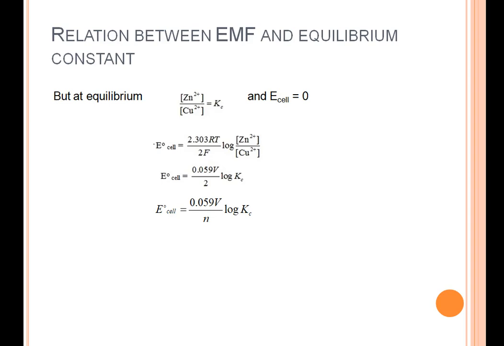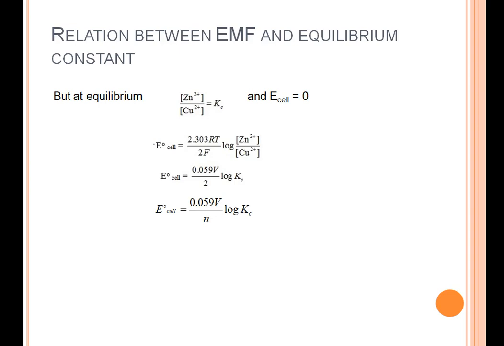Now the relation between EMF and equilibrium constant. If the equilibrium has been achieved, then in place of Qc we can write Kc, though the relation is the same, that is, active mass of zinc ions upon active mass of copper ions. But at equilibrium the EMF of the cell will become 0.